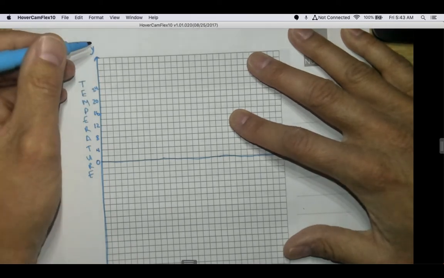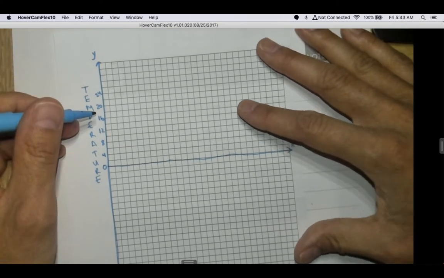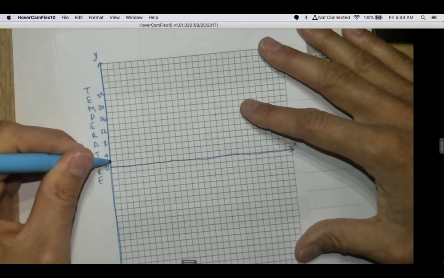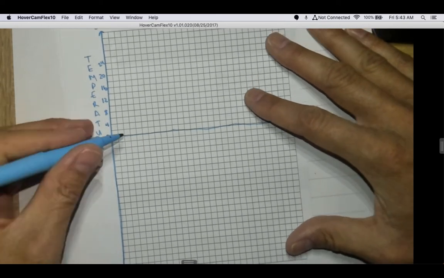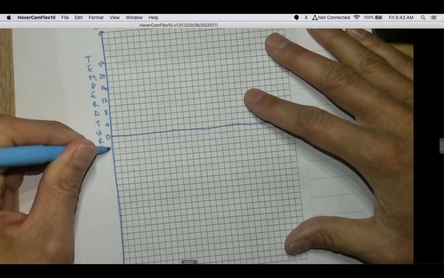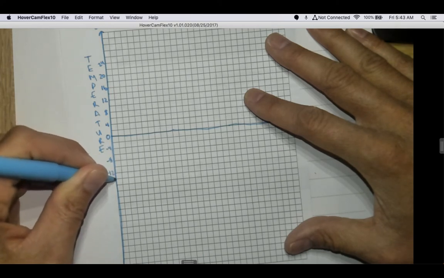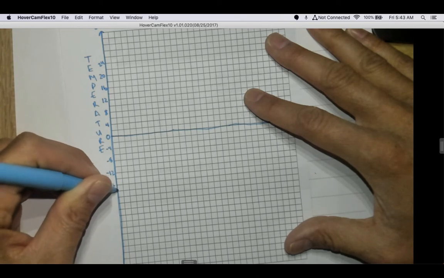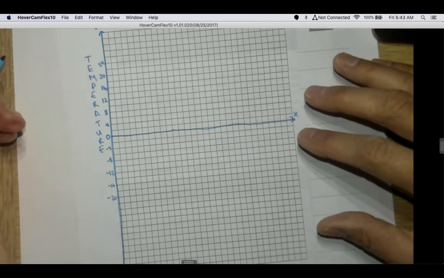Go up by the same amount each time. But if I'm thinking about this, it's going up like every 2, 4, 6, 8. I'm just putting the number on every other. Going down, -4, -8, -12, -16, -20. And that should be good for right now with the numbers, okay?